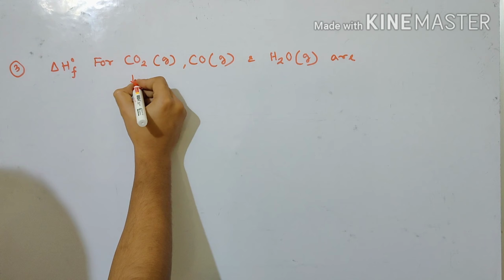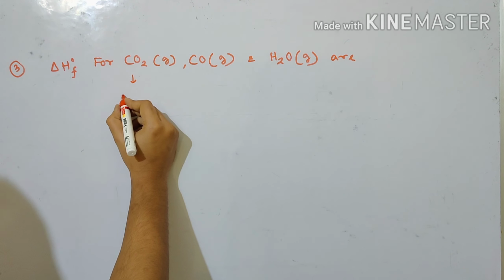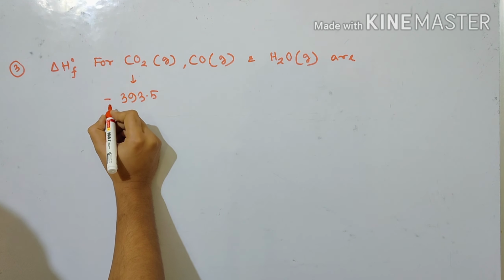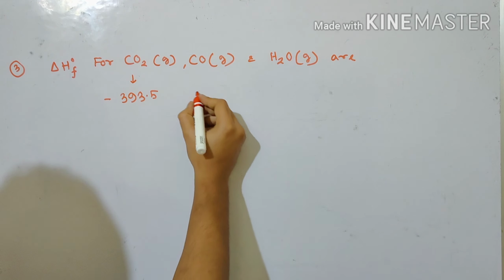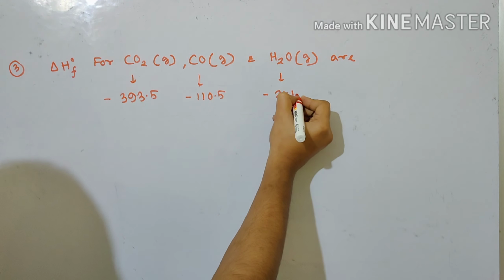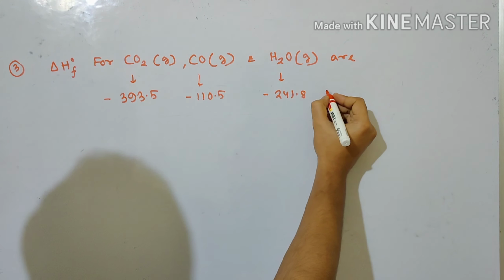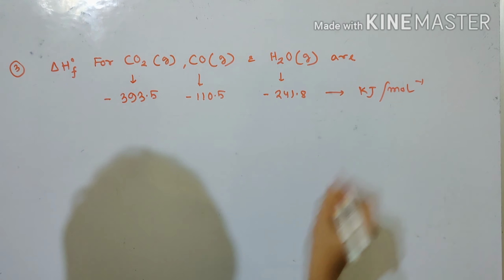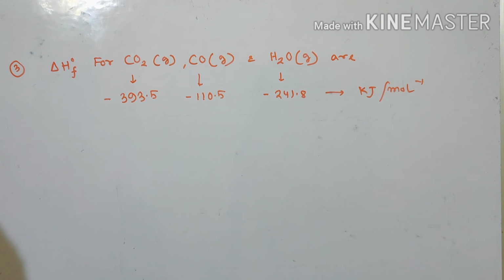For this one it is given minus 393.5, and for this one it is given minus 110.5, and for this one it is given minus 241.8. All these are in kilojoule per mole. So these values are given.